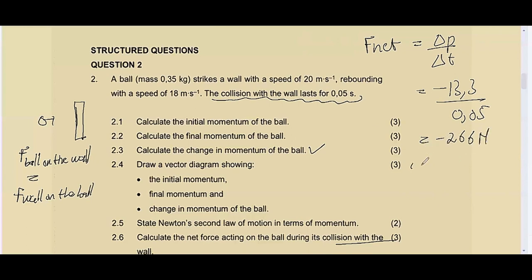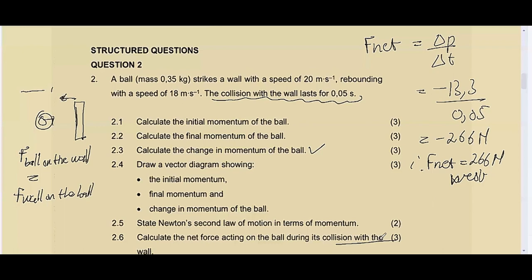The negative simply states that F net is 266 newtons west. So the wall is exerting a force to the west on the ball, because the ball was coming east, hits the wall, and experiences an oppositely directed force from the wall. Hence we have this negative. So our F net is 266 newtons west.